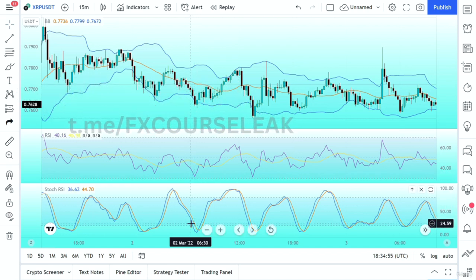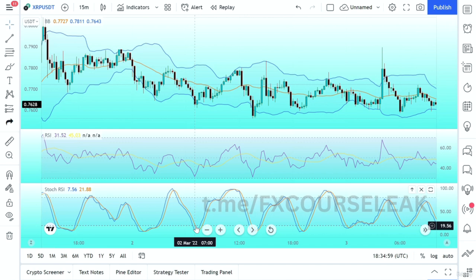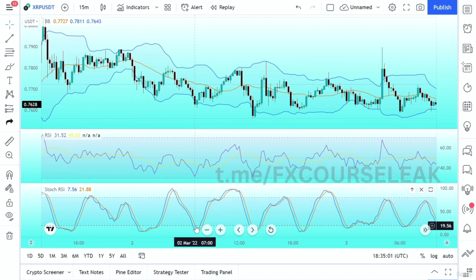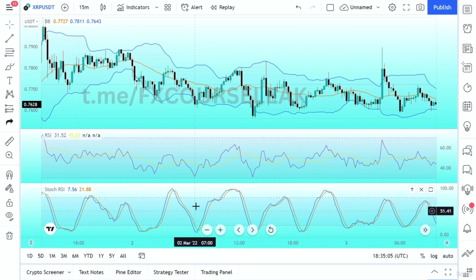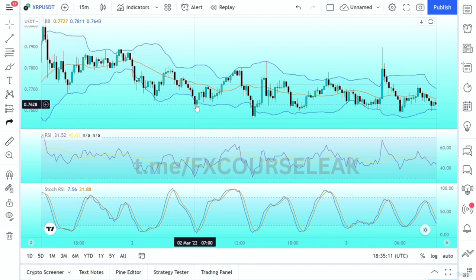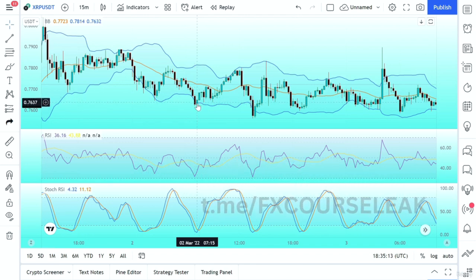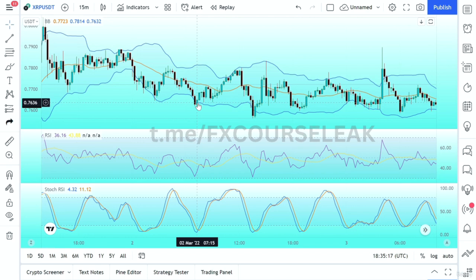Thirdly, the stochastic RSI must be in the oversold region, which is below 20. The fourth rule is the candle should not be a red candle at the point of entry. The candle should be green at the time of your entry.